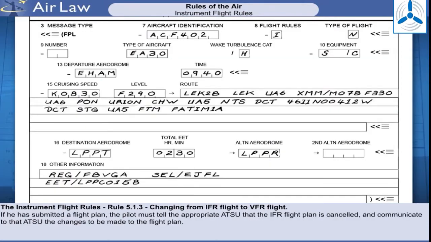If he has submitted a flight plan, a pilot who elects to change the conduct of his flight from compliance with the instrument flight rules to compliance with the visual flight rules must tell the appropriate air traffic services unit that the IFR flight plan is cancelled and communicate to that air traffic services unit the changes to be made to the existing flight plan.